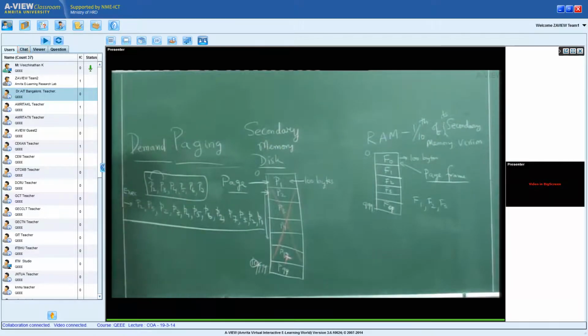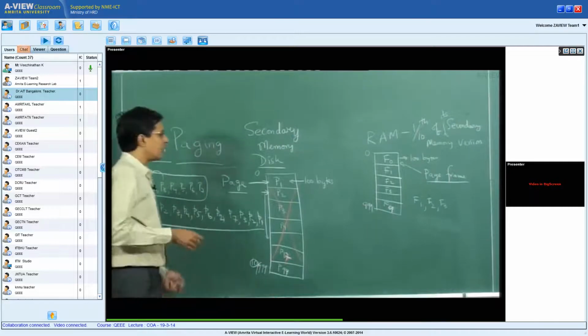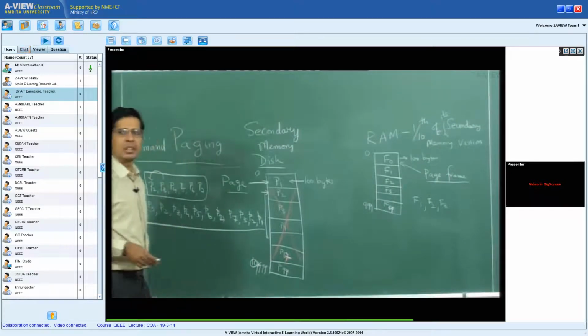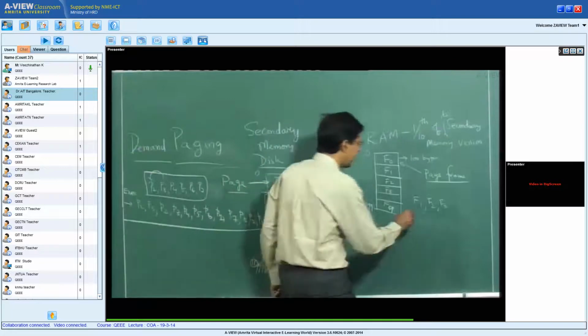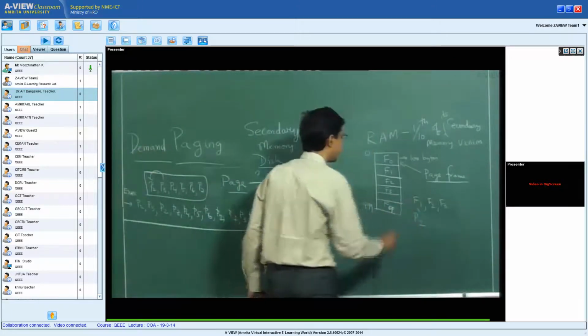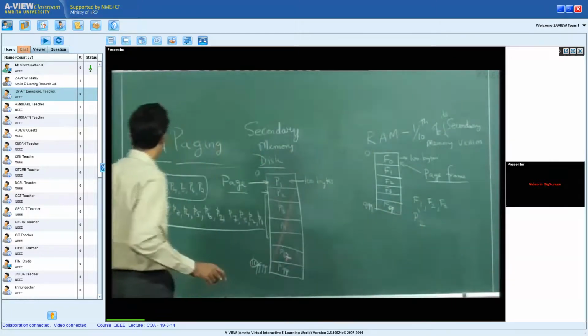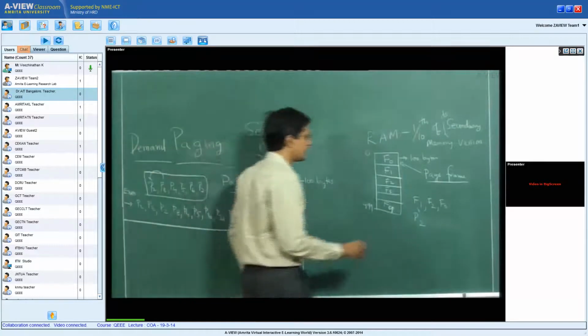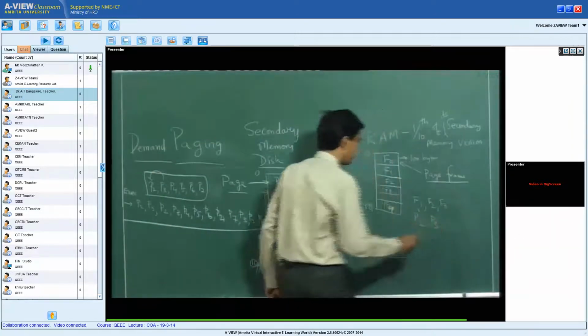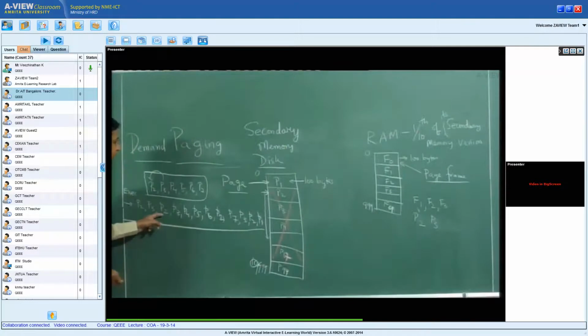Now what happens? First, when P2 starts executing, the OS loads P2 into F1. Then P3 it loads into F2. Then when it executes P2, it notes that P2 is already available, it executes it there.